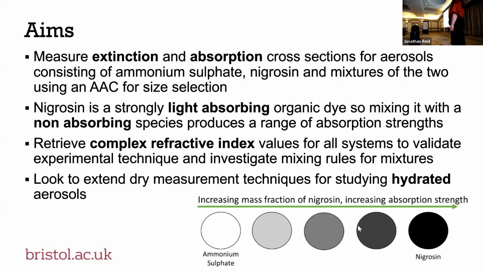So from these measures of extinction and absorption cross-section, we can retrieve refractive index values across the mixing range, and then use this to look at some different mixing rules that are usually used to predict refractive indexes and see how well they fit our data. And then we want to look to extending our measurements for looking at hydrated aerosols, as this would be a lot more atmospherically relevant.